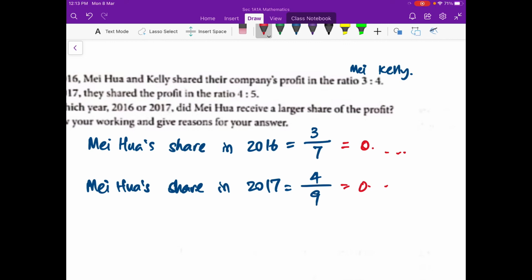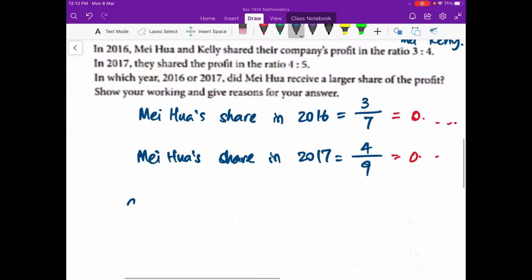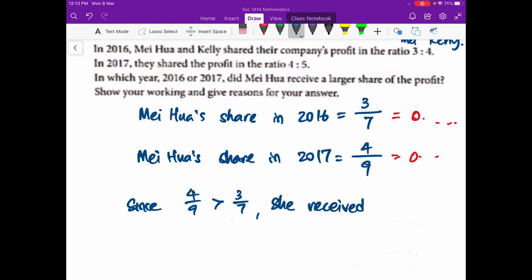If the other way around, then it's smaller. Based on this, since 4 out of 9 is greater than 3 out of 7, she received a larger share in 2017. It is not about the addition, it is about the proportion that she got.